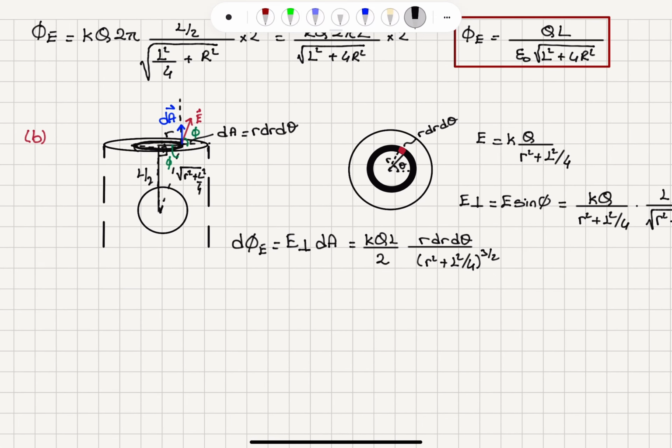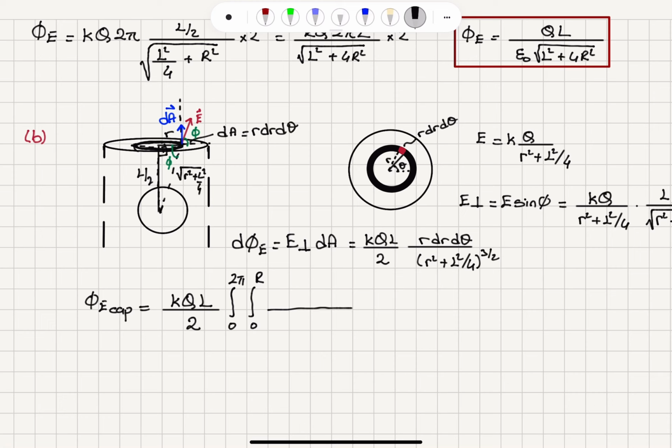Now what is the total flux through the top cap? It's going to be kq capital L over 2. Now I'm going to vary the angle theta from 0 to 2 pi and the radius from 0 to capital R, the radius of the cylinder.